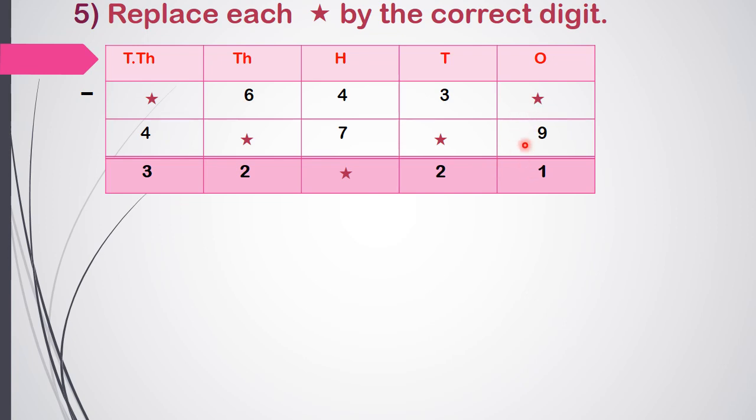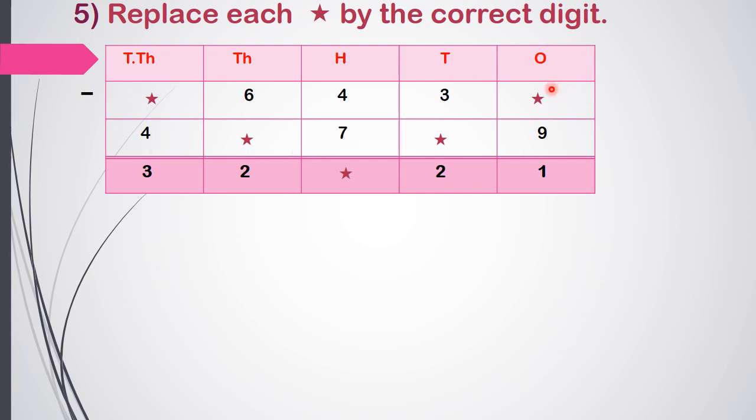So whenever we add the smaller number and the answer, we get the larger number. You have to keep this in your mind. In the same way, whenever we subtract the answer from the larger number, we get the smaller number.